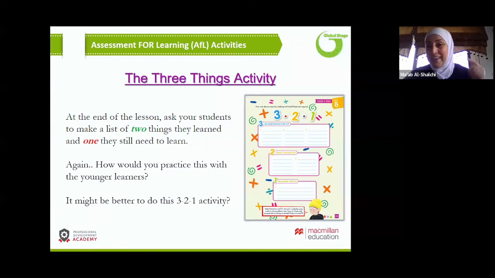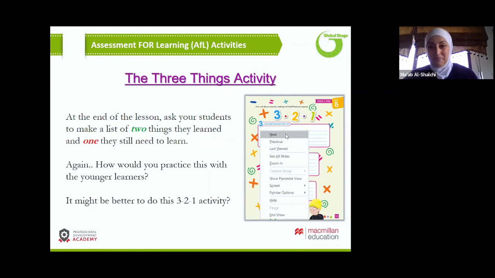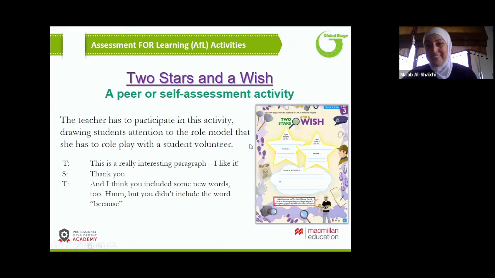And by the way, they will always remember what they talked about together and the feedback that they gave you as a teacher. So never skip that.